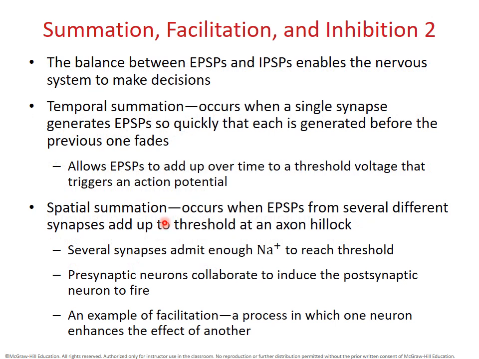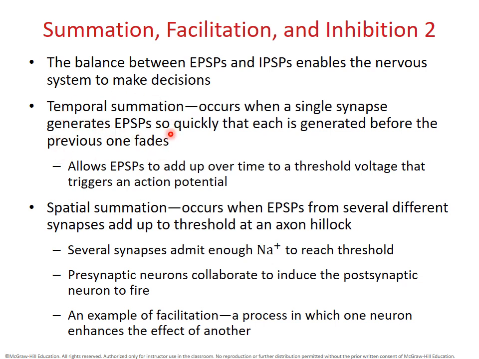With temporal summation, and again, remember we saw both temporal and spatial summation with muscles, we have similar phenomena in neurons. Temporal summation occurs when you get multiple EPSPs from a single synapse because of a high frequency of stimulation. Remember, in muscles, temporal summation led to tetanic contraction due to high frequency of stimulation.